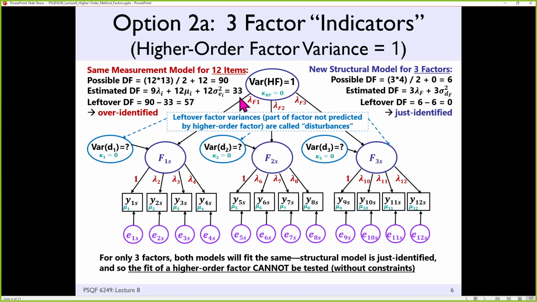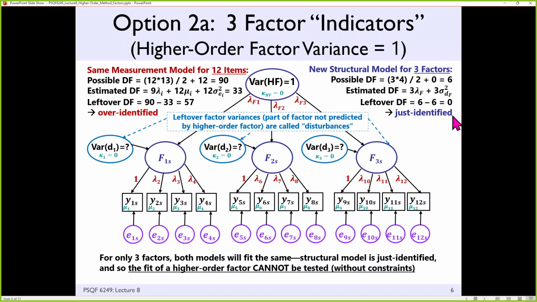That means that in order to identify the higher order factor, we have to fix its variance to 1. Rather than have 3 factor variances, as we had previously, now we have 3 leftover factor variances. Either way, 6 minus 6 is 0. The structural model is still just identified.